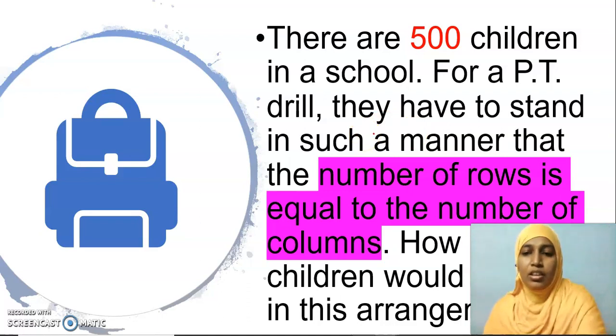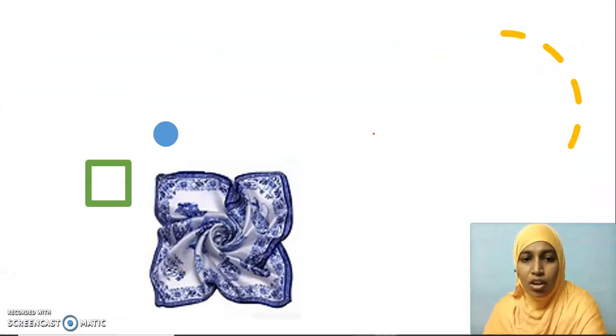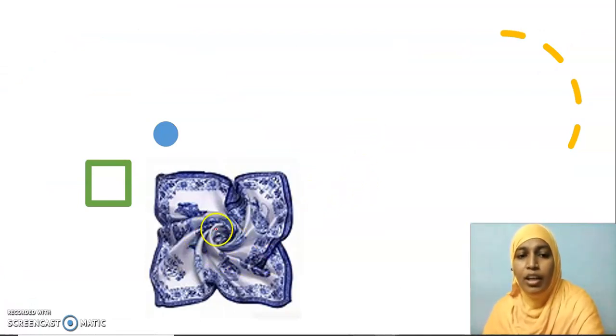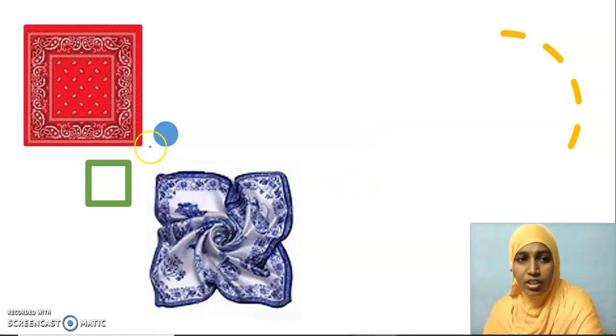Okay, children? Now, here is a cloth in a square shape, and a tailor wants to make many small kerchiefs using that square cloth. Do you think the tailor will take his pen and pencil to find the square root?